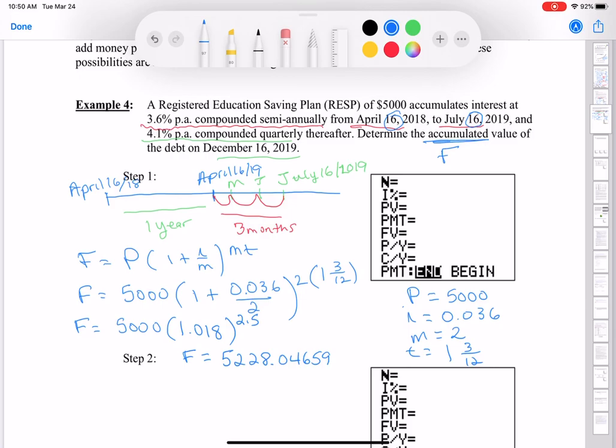Now we are not at our final answer. So it's very important that you don't round this answer, that you keep all of the decimals, because this future value becomes our present value for step 2. And I'm just going to write this. So this future value becomes our P for the next step.